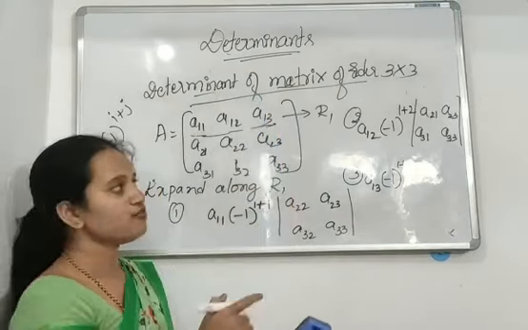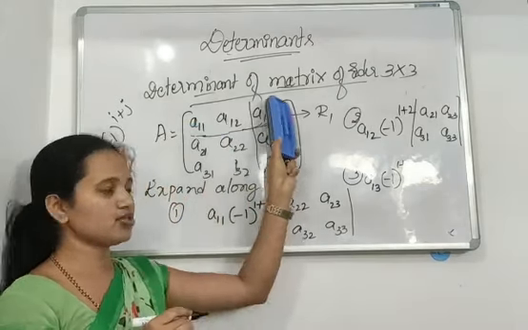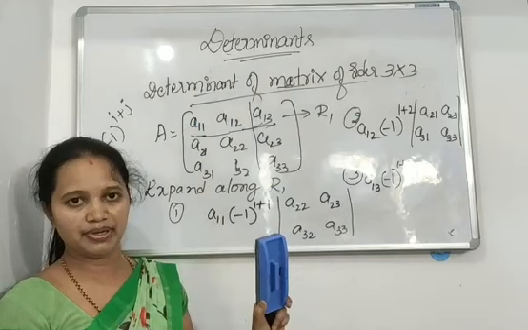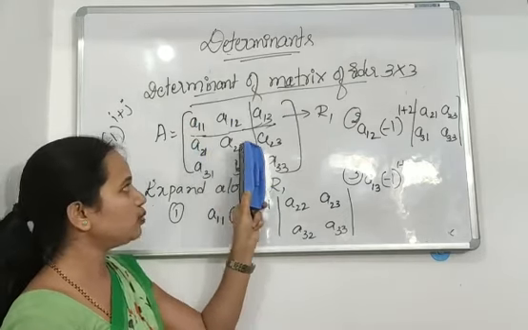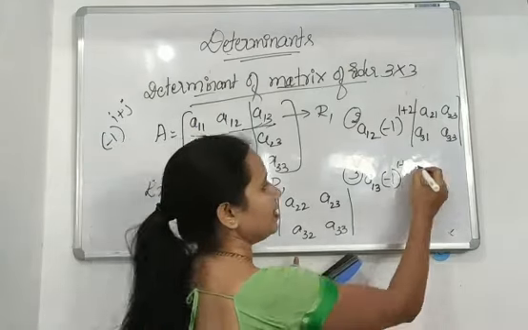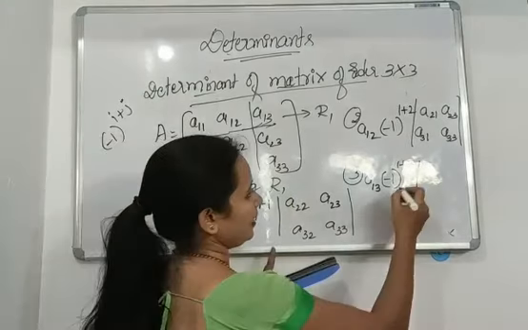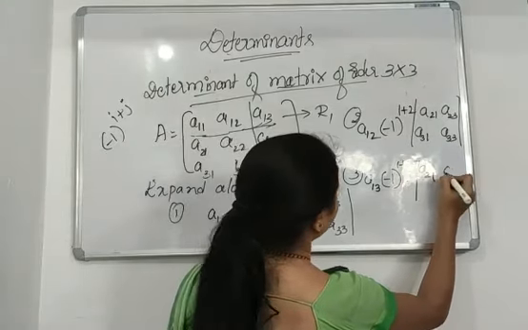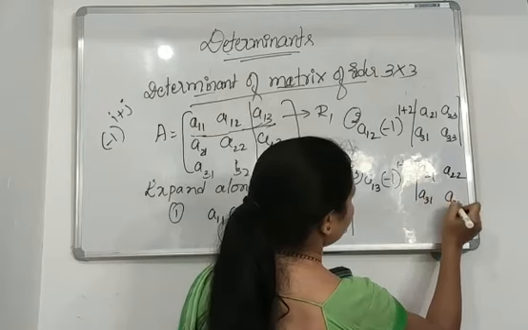A13 lies in the first row and third column, so delete the first row and third column elements. Again 4 elements will be left: A21, A22, A31, A32. Consider the determinant of those four elements.